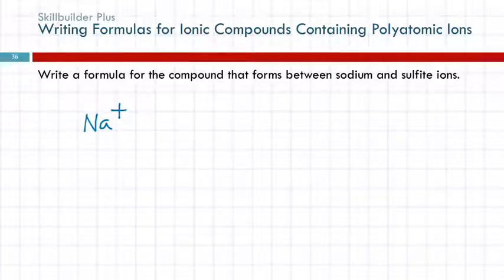So this is not an ate ending, it's an ite ending. If you come to the exam next week and you forget what that is, well, the sulf comes from sulfur. And almost all of those ite and ate things have oxygen in them. So it's going to be some combination of sulfur and oxygen. So that at least gives you a place to start guessing, right?